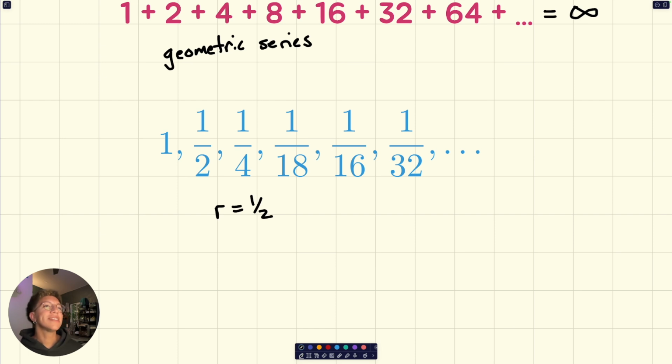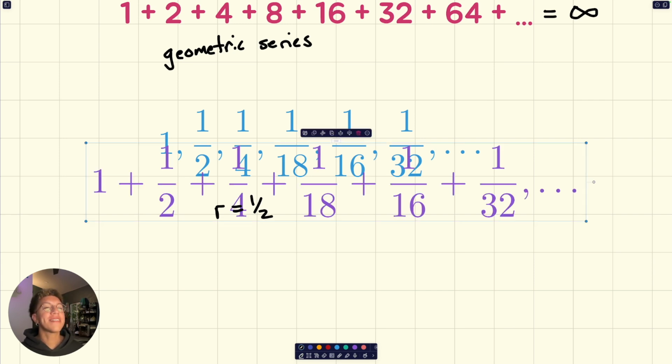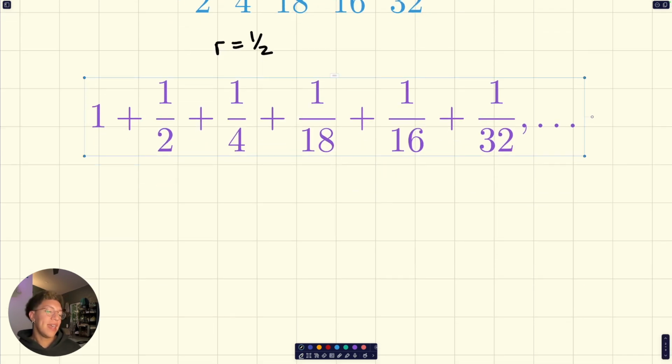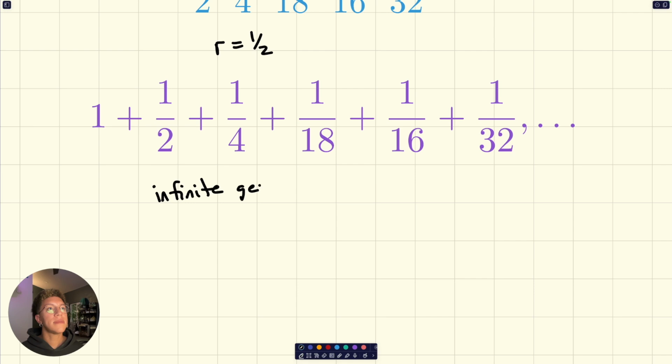If you said that there is a sum, that's pretty amazing. This one does have a sum, surprisingly enough, and it's something that we learned about back with geometric sequences. This is called an infinite geometric series, meaning that we're multiplying by 1/2 as we go across, and we're adding all those terms together.